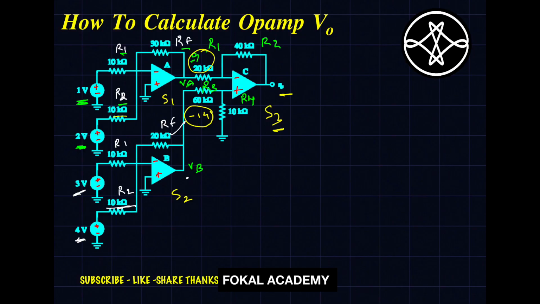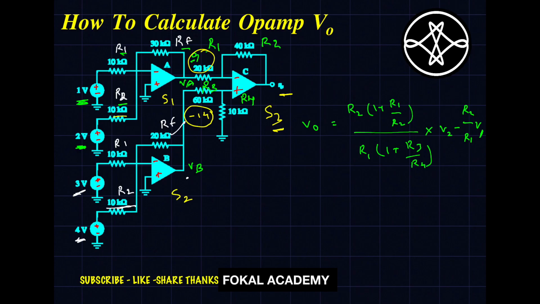That is, output voltage V0 equals R2 into (1 plus R1 by R2), upon R1 into (1 plus R3 by R4), overall product with V2, minus R2 by R1 into V1.